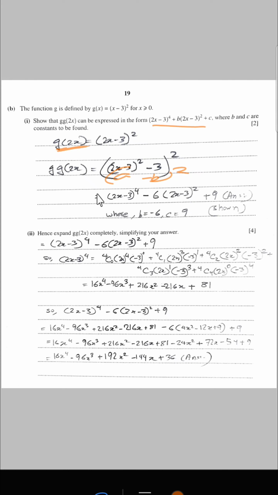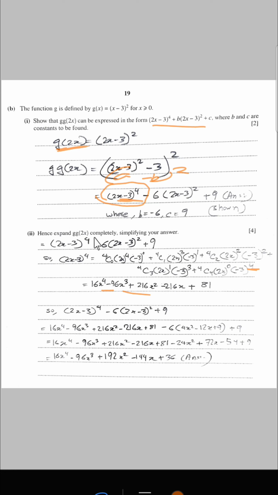To expand this expression, we first expand this inner expression separately and then expand the total expression. To expand it, we use 4c0 x to the power 4 minus 0 times 3 to the power 0, and then solve it until we get the fourth term and simplify it to find the given expression.